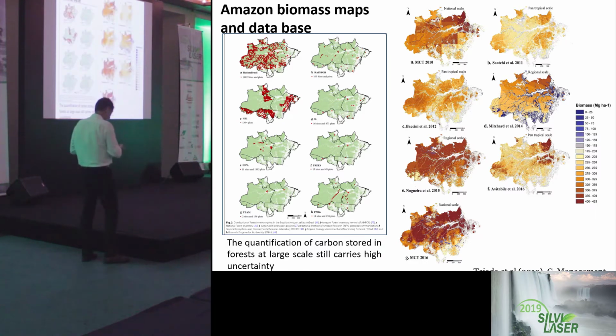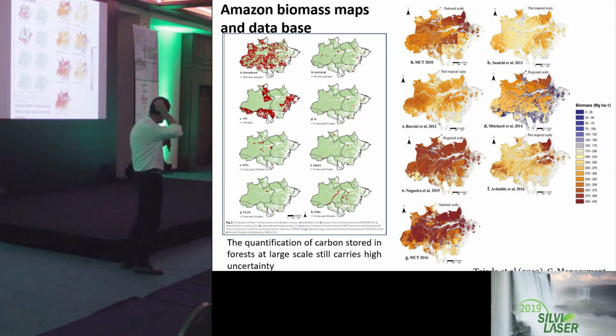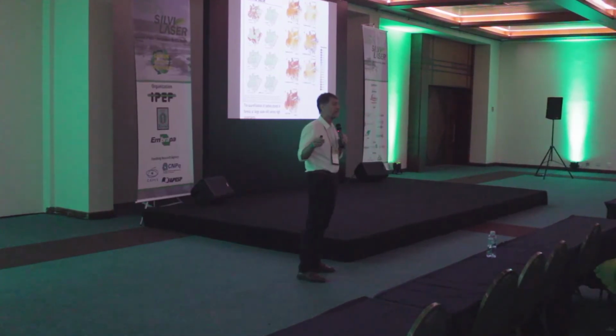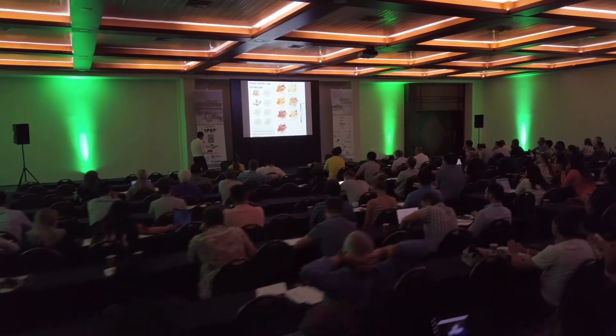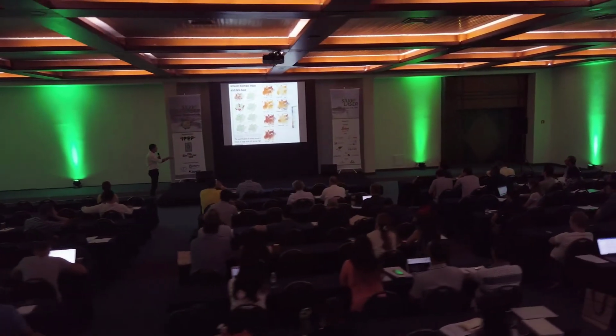So this is a synthesis that a student of ours just published. She did a very broad assessment of what sort of data we had in the region and what sort of biomass maps are being produced.